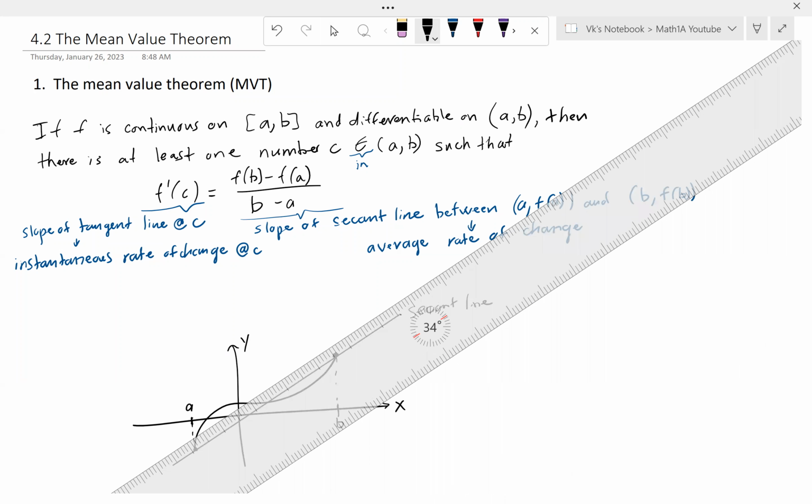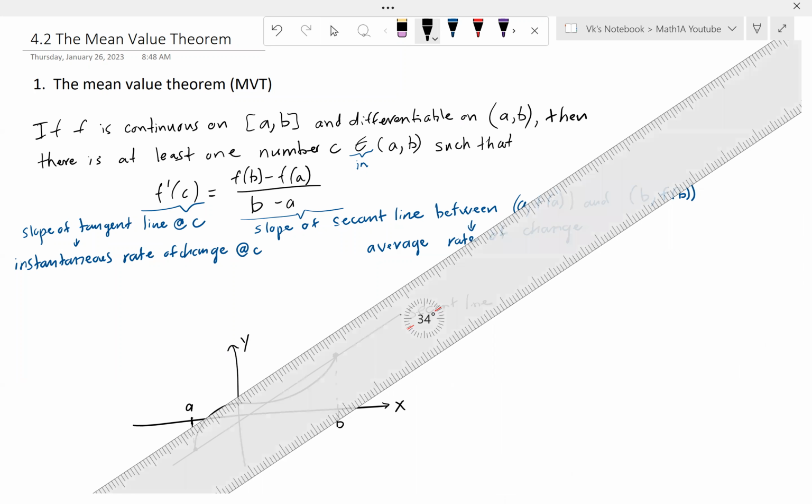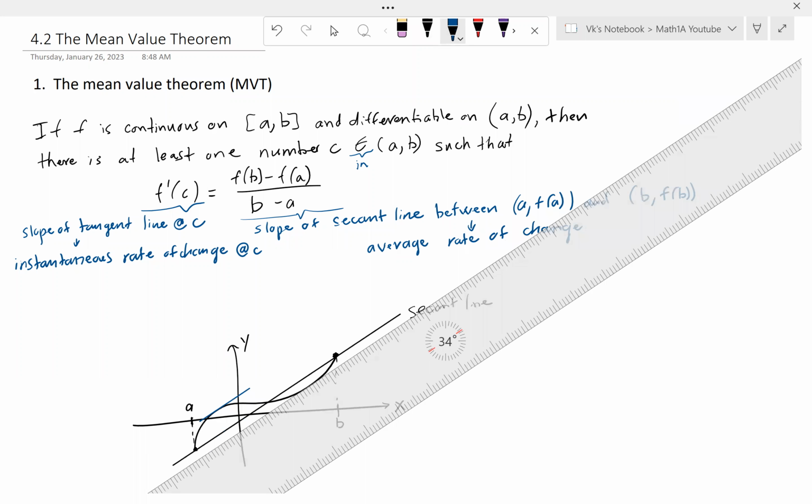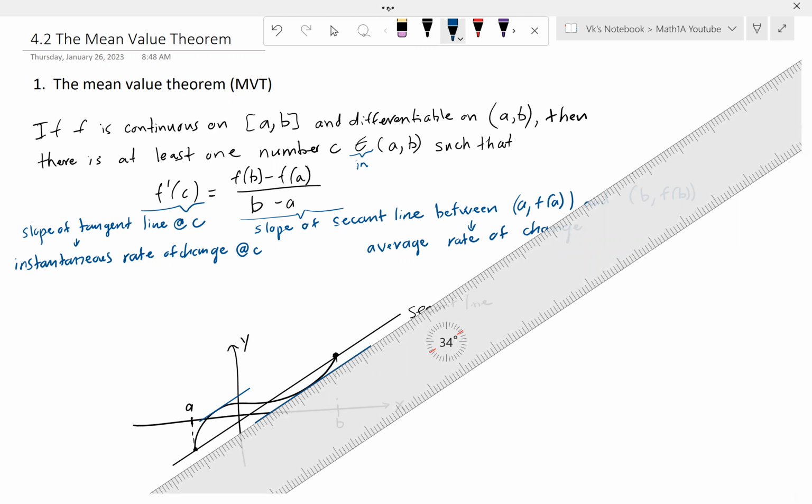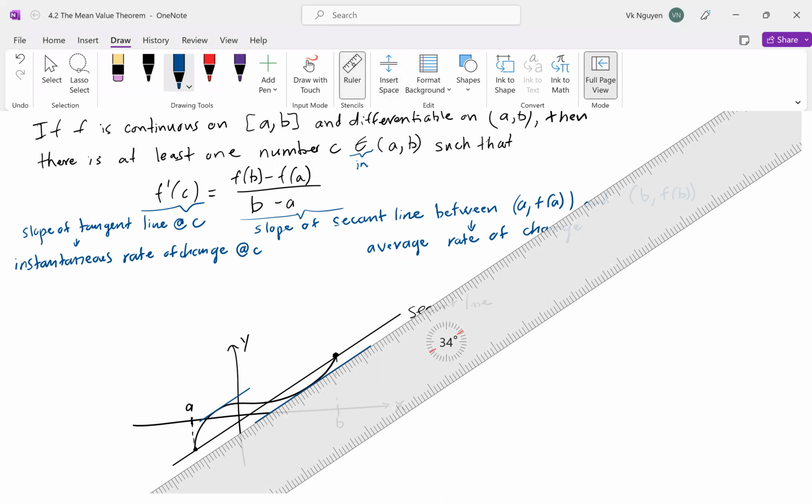Let's take a look at the slope of the secant line. Notice that there's a tangent line right here, and we also have another tangent line right here that has the same slope as the secant line.